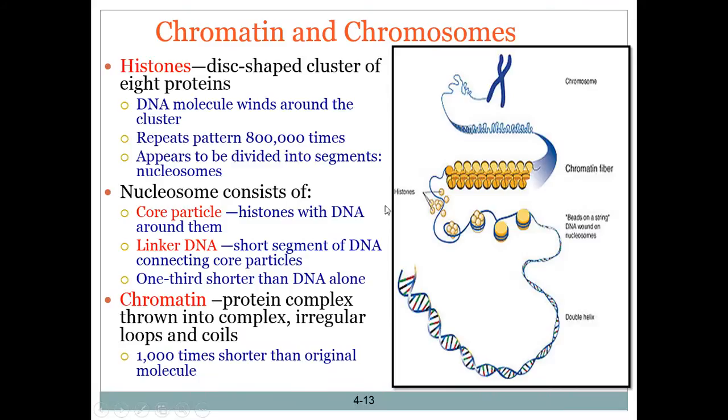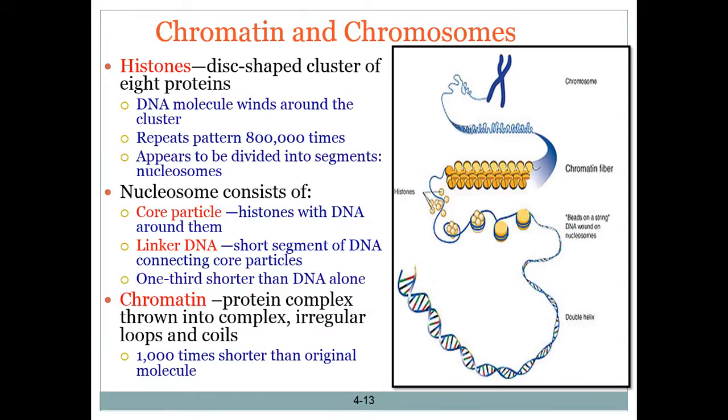Now, the nucleosomes are arranged in a zigzag pattern, folding the chromatin like an accordion. The folded strand is then packed into irregular loops and coils that make up the chromosome.